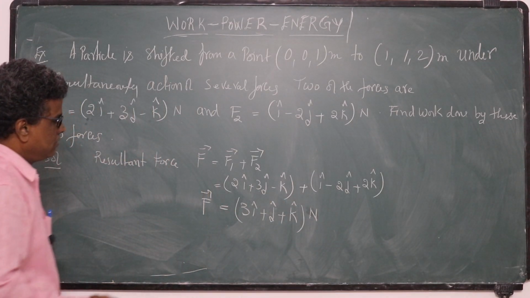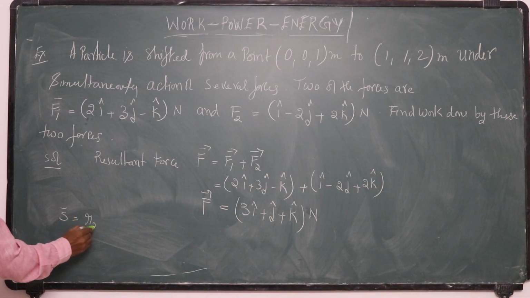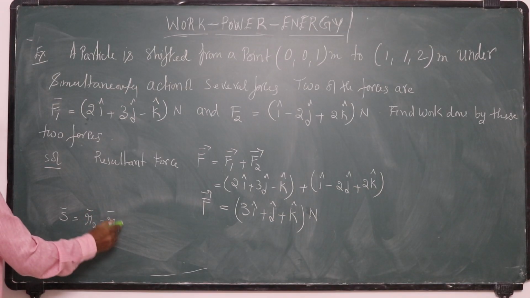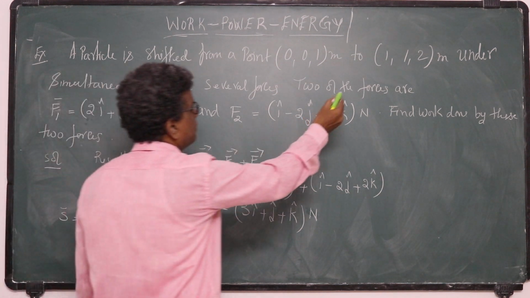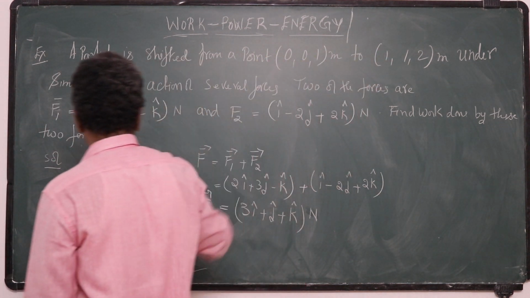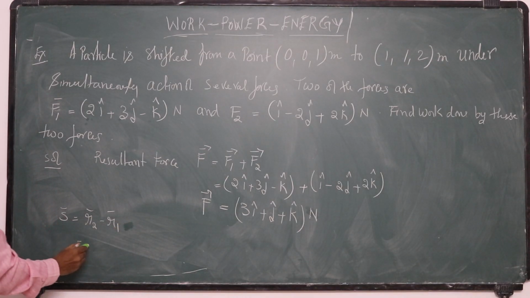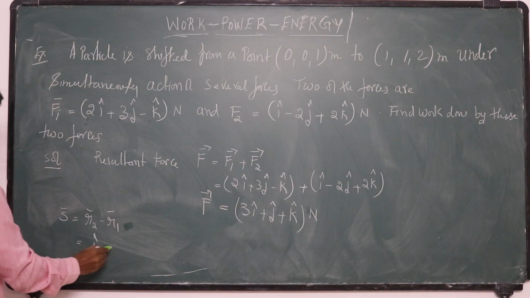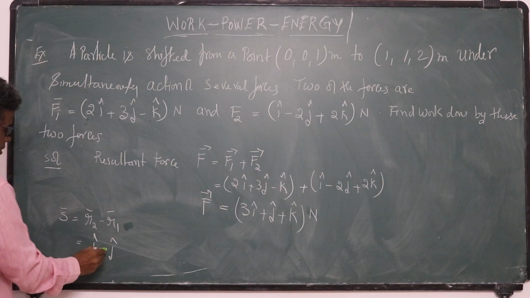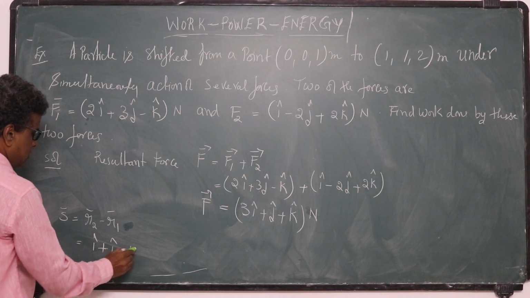This is F bar. Then you find the displacement vector, given by R2 minus R1 bar. Substituting, 1 minus 0 is 1 I cap, 1 minus 0 is plus j cap, and 2 minus 1 is plus k cap.